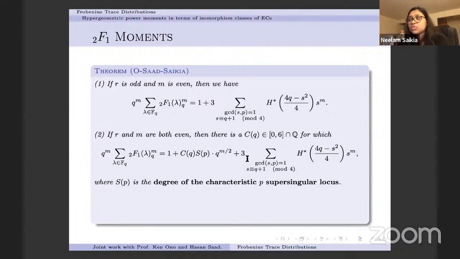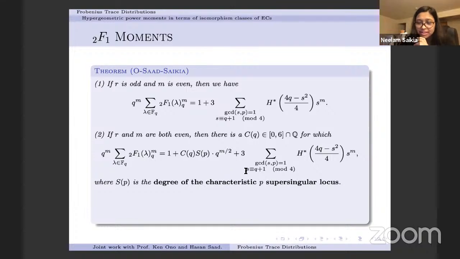It could be understood as the average of the number of Legendre normal forms of elliptic curves in an F_q isomorphism class whose trace is equal to plus or minus 2 square root of q. So here the constants C_q and S_q are well defined, and these are some bounded constants.